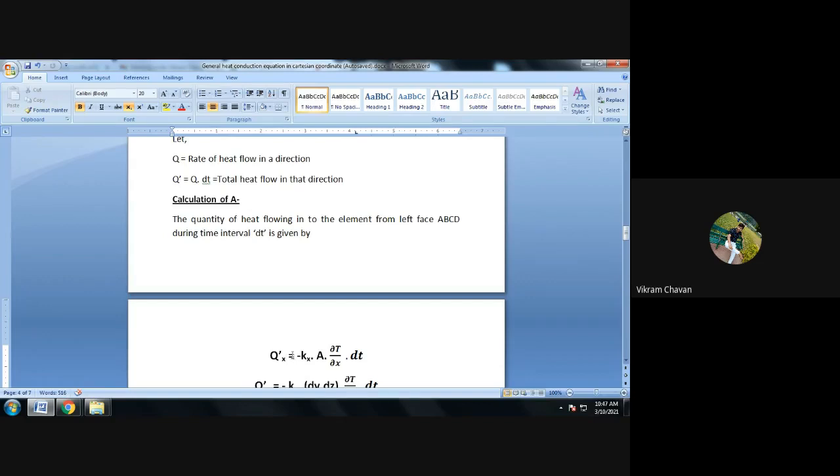And according to Fourier's law, heat flowing due to conduction, we know that it is k multiplied by A multiplied by dT divided by dx. Same law we have interpreted over here.